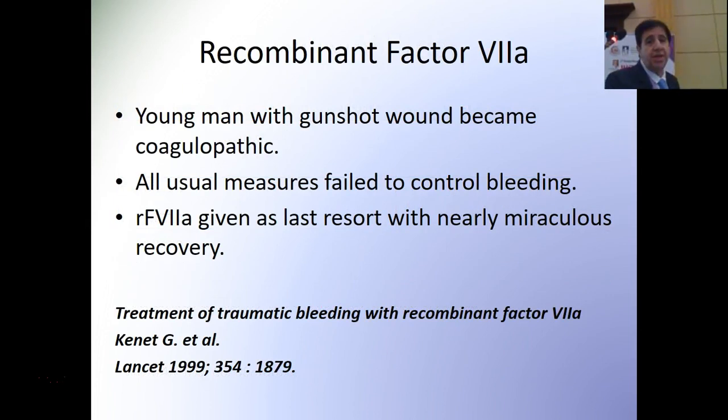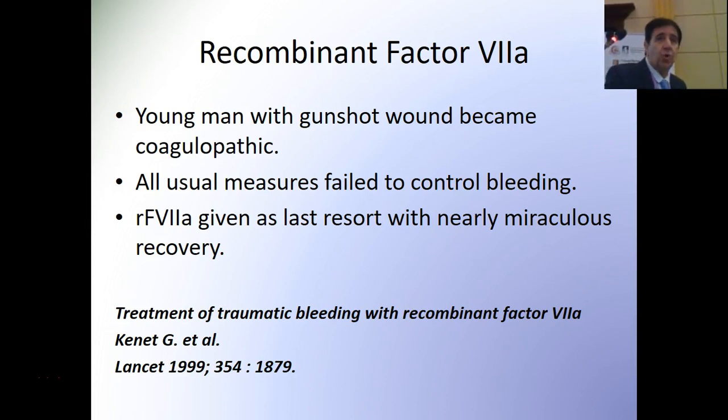The last thing, recombinant factor 7A, we already talked a little bit about it. And how did it come to be used? Recombinant factor 7A is FDA approved for hemophiliacs, mostly hemophiliacs who have antibodies.